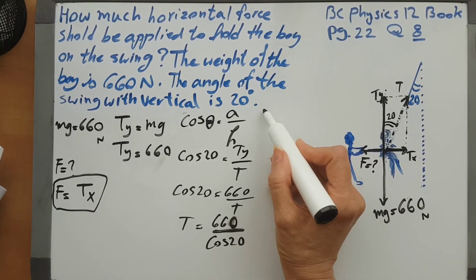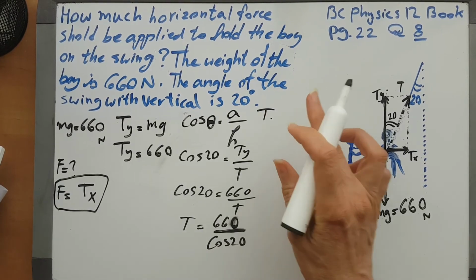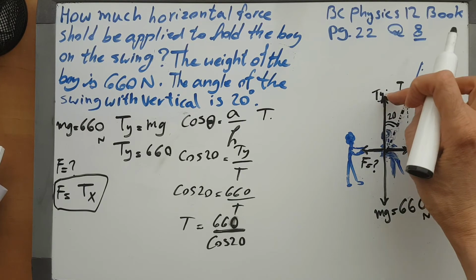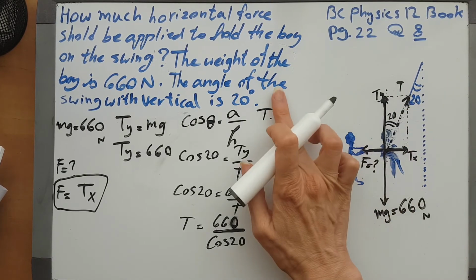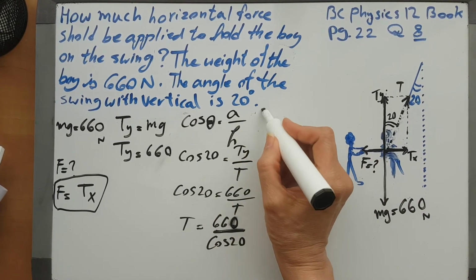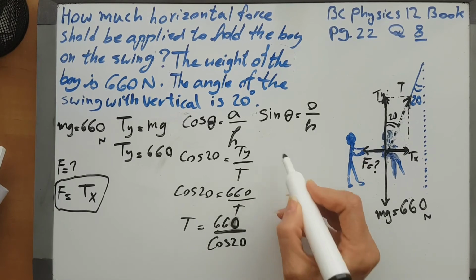This Tx is equal to the side opposite to the angle, so now I go for sine. The sine of theta equals opposite over hypotenuse.